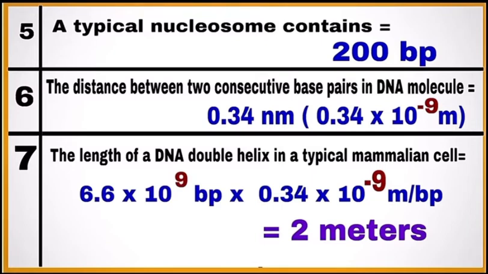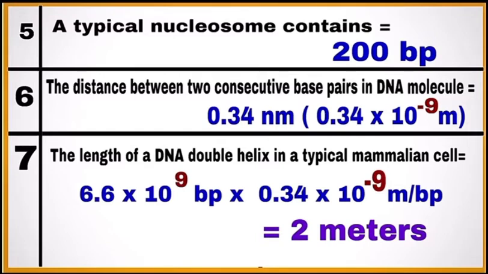7th, the length of DNA double helix in a typical mammalian cell. As a typical mammalian cell is diploid, so here you will take the value of base pairs as 6.6 × 10^9 and then multiply this value with the distance between two consecutive base pairs in meters, which is equal to 0.34 × 10^-9.